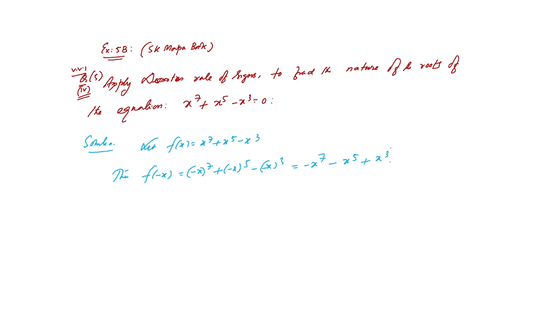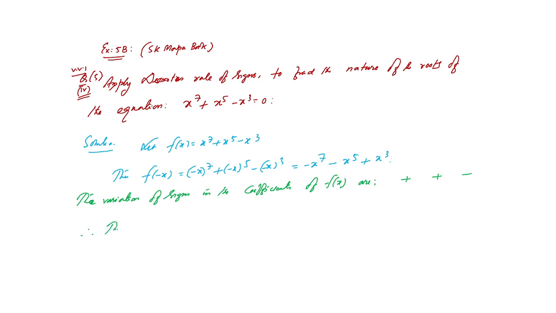Now we'll think about the variation of sign in the sequence of coefficients of f(x). Now we'll move to the next step, the variation of sign in the coefficients of f(x) are plus and minus.